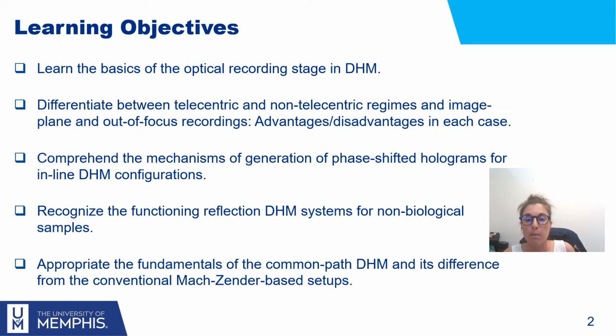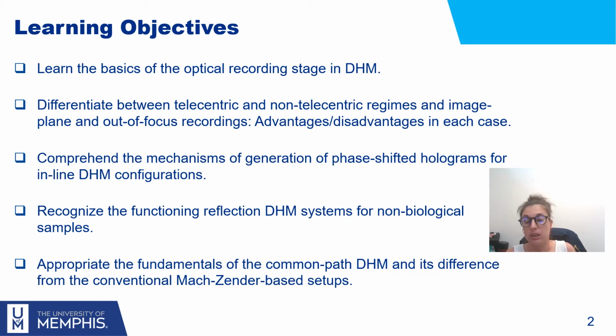We're going to talk about whether the system works in an in-line or slightly off-axis configuration, which means we need to do phase-shifting holograms. So we'll talk about the mechanisms for providing those phase-shifting holograms in the configuration required for the software.